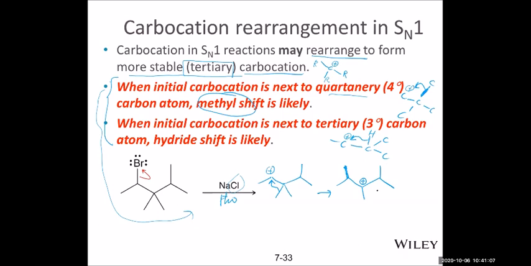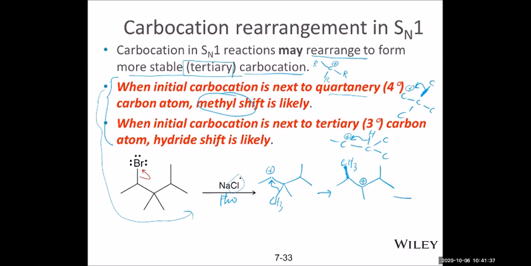And this part did not change. So you can see a carbocation next to a quaternary carbon. This methyl group shifted, changing location to a different carbon. The end result is a more stable carbocation, a tertiary carbocation. And then finally, the very last step.